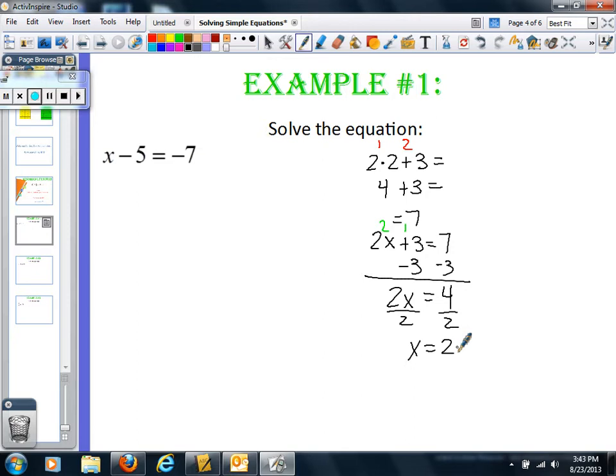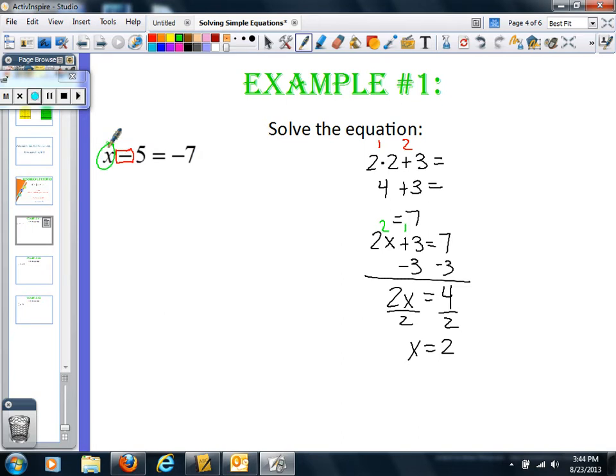The other thing we're going to look at is that whenever you're trying to get rid of an operation, you're going to do the opposite operation with the same number. Okay, so let's go over to our problem now. x minus 5 equals negative 7. I only have one operation here, and that operation is subtraction. I want to get the variable by itself.